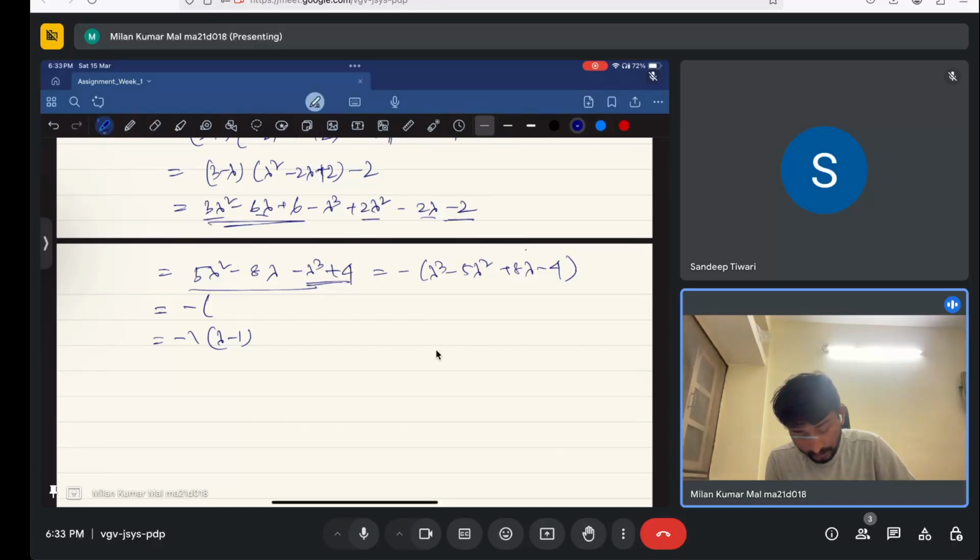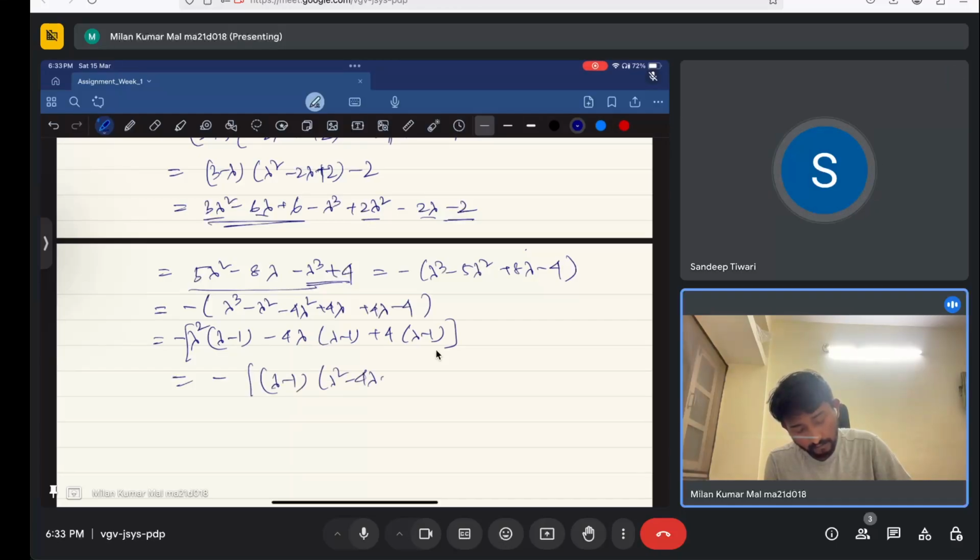So one can write lambda cube minus lambda square minus 4 lambda into lambda minus 1 minus 4 lambda square plus 4 lambda plus 4 into lambda minus 1 plus 4 lambda minus 4. So this will be minus lambda minus 1 into lambda square minus 4 lambda plus 4.